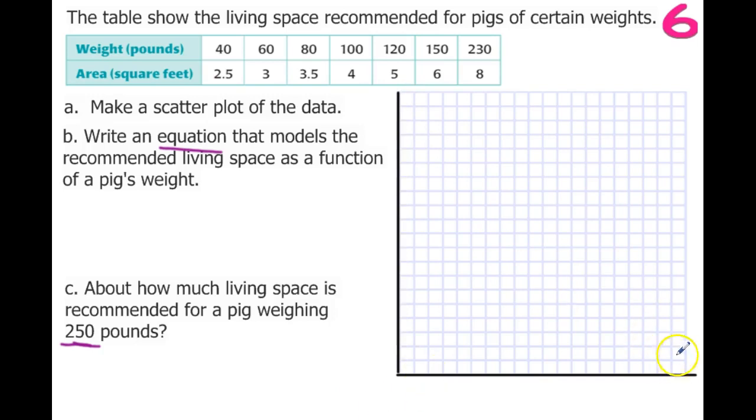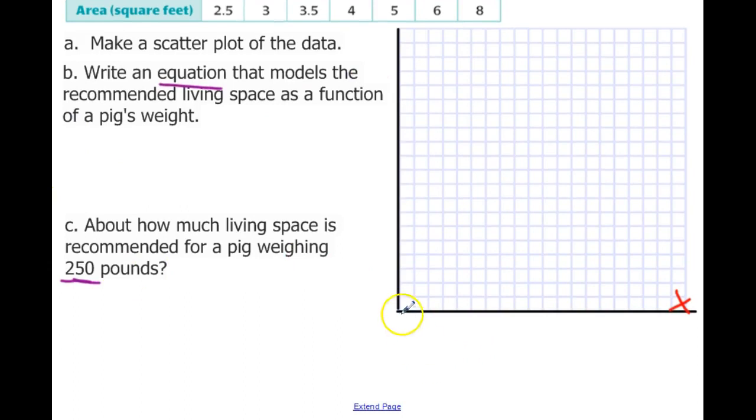On my x-axis here, I need to go from 40 up to 230. So I'm going to go starting at 0, maybe by 20s. I'm only going to list every other one. Actually, we'll list them all. 20, 40, 60, 80, 100, 120, 140, 160, 180.